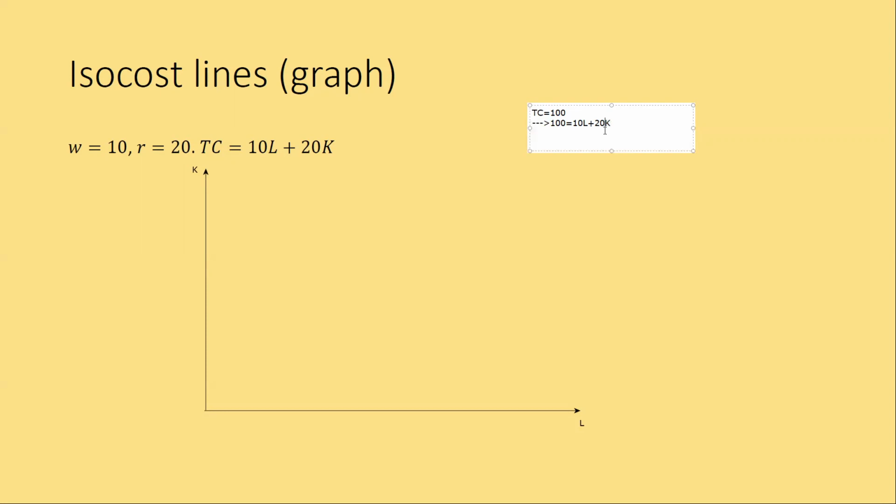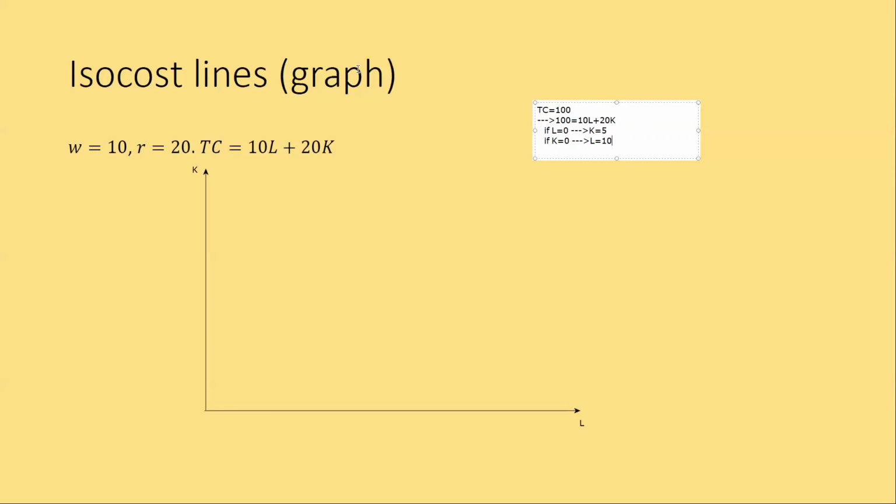And we've done this a few times, and I'm going to do this again. So if L equals 0, you can find that K equals 5. If K equals 0, L equals 10. These are the two intercepts that we can find on the axes.